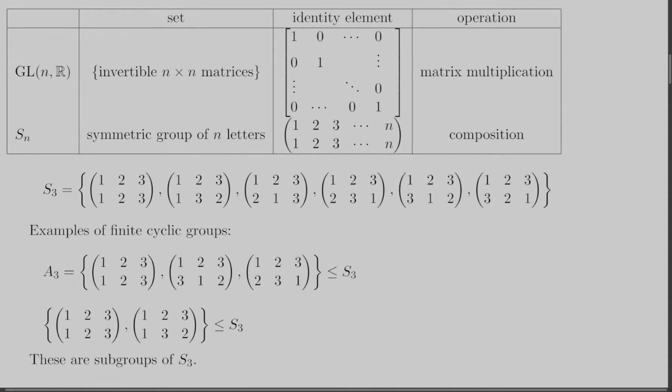For example, S3 is the set of all the different ways to rearrange three things. It's an example of a finite group. A3 is the alternating subgroup of the symmetric group of three letters. It's an example of a finite cyclic group.